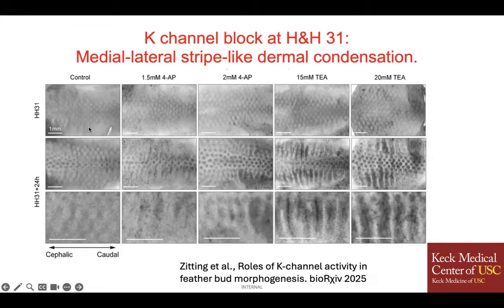This is at time 0 and then progressively later. And we see the potassium channel blockers cause these strange stripe-like patterns. So potassium channel blockers applied early on cause changes in the pattern of the feather buds.